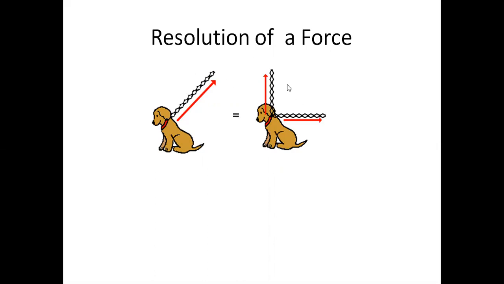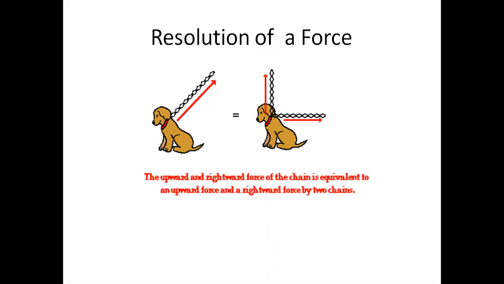Both will have the same effect. Whatever force is applied here, the same thing will be applied here, but you will have only a single component here and two components here. Making a single component into two components is called resolution of a force.